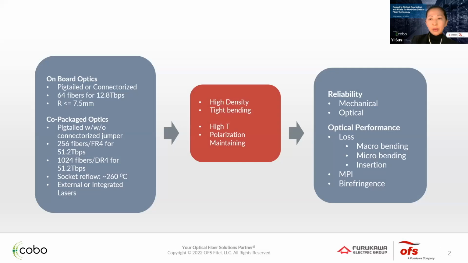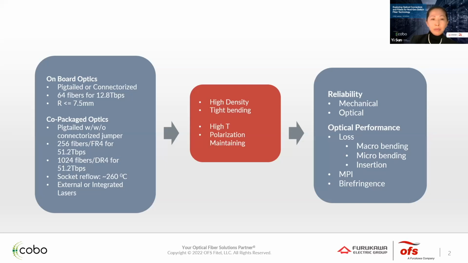We start from an overview and then highlight with some examples. As Bulent just mentioned, onboard optics and co-packaged optics switches have a segment of a very short piece of fiber inside the switch box between the module or the OE chip and the front panel connector connecting to the rest of the data center.